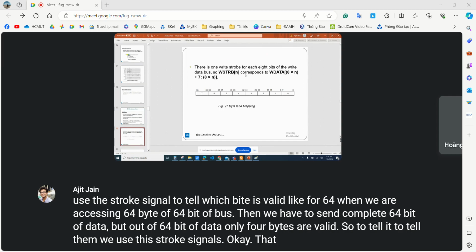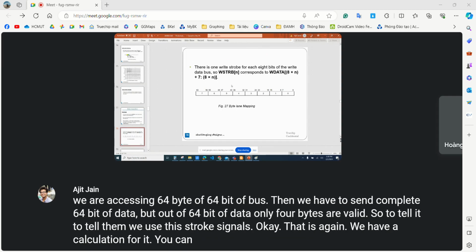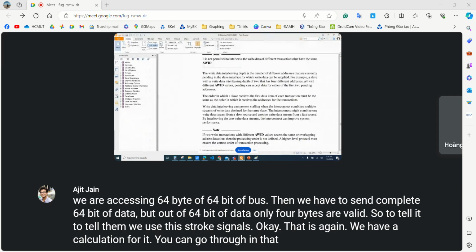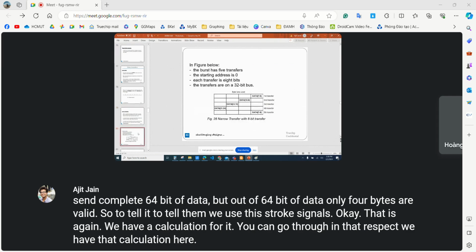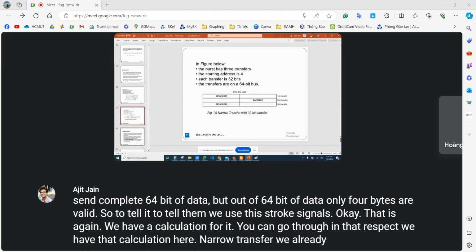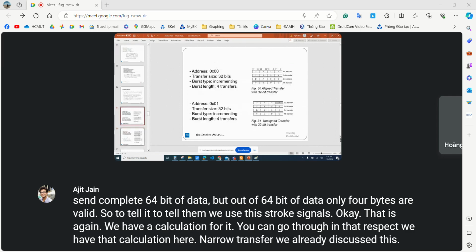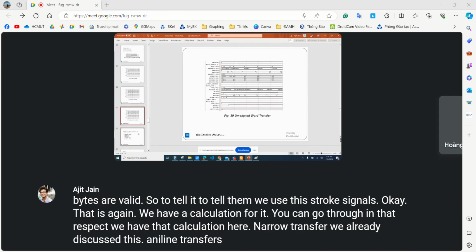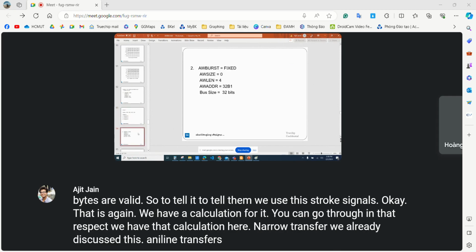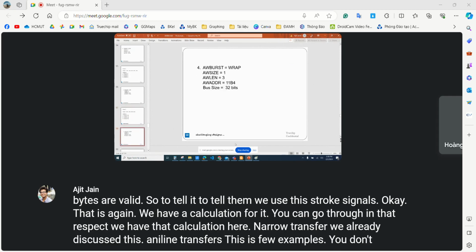Again, we have a calculation for it; you can go through that in the spec. Narrow transfers we already discussed. Then unaligned transfers. These are a few examples; you don't have to go through them.